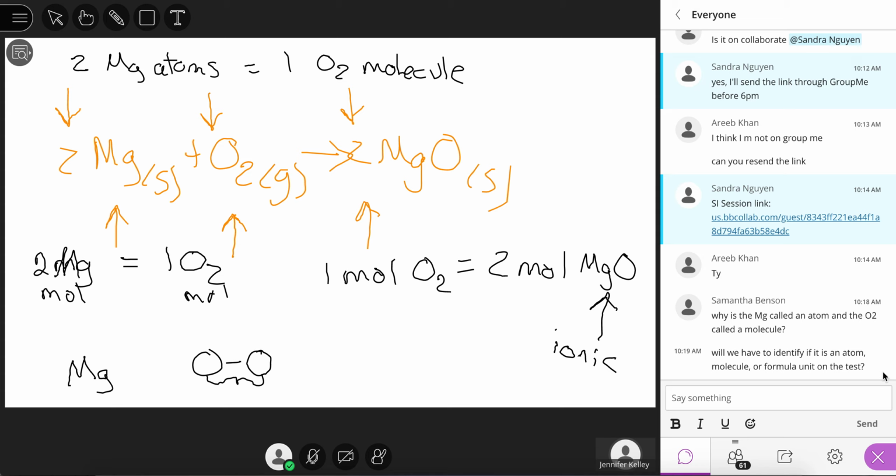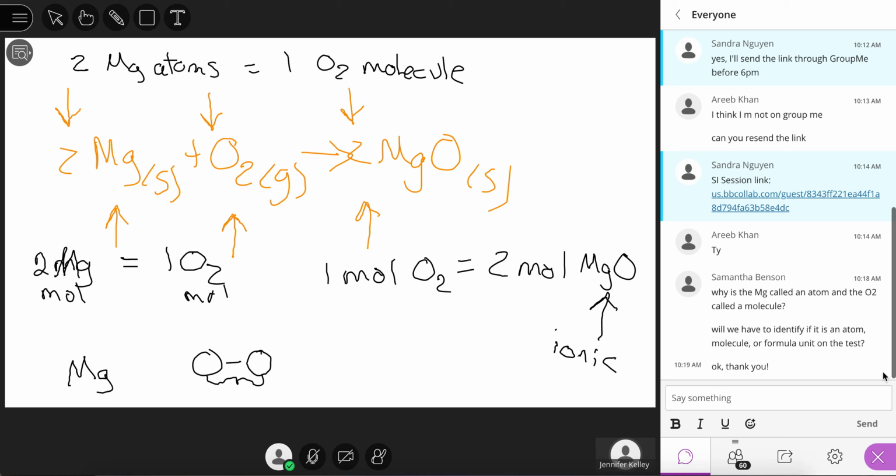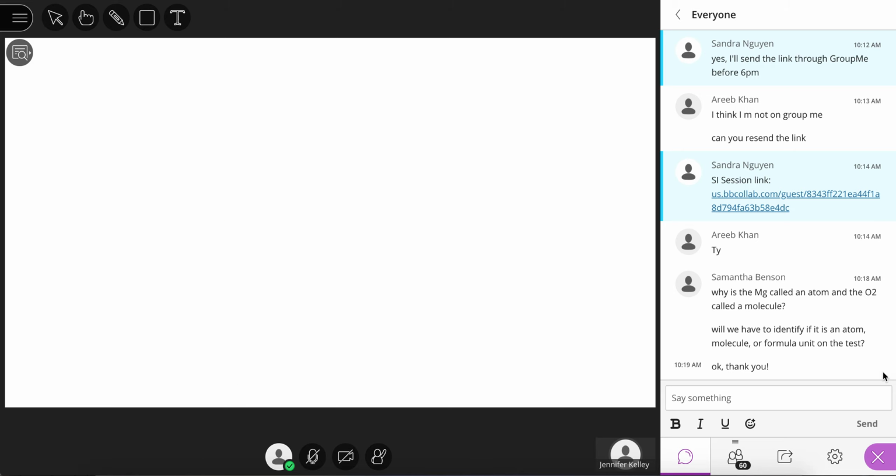But for this one, the main thing that I'll be focusing on is conversions. But there may be a question in there about which one is a formula unit or which one is a molecule. But I'm not going to have the whole test riddled with molecules, formula units, and all that kind of thing. You're welcome. All right, so let's take a look at an example.